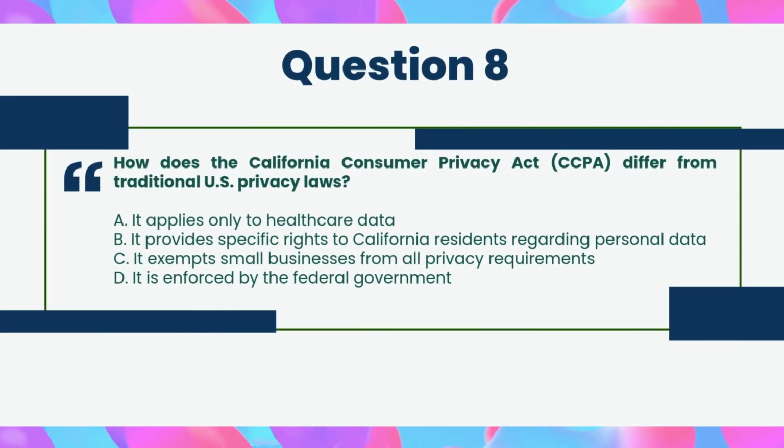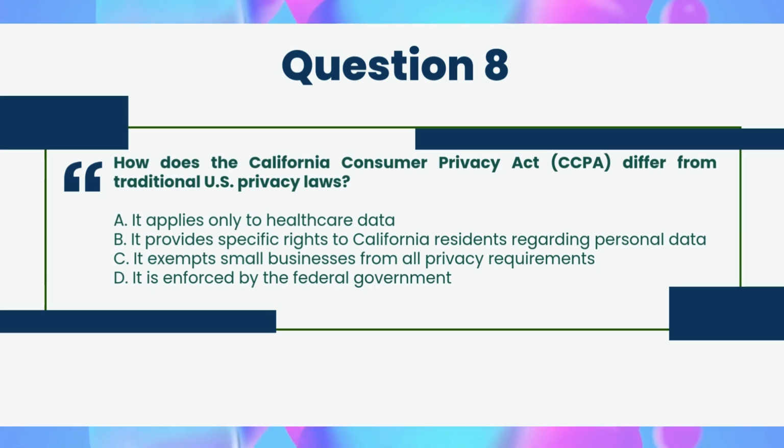Question 8. How does the California Consumer Privacy Act, CCPA, differ from traditional U.S. privacy laws? A. It applies only to healthcare data. B. It provides specific rights to California residents regarding personal data. C. It exempts small businesses from all privacy requirements. D. It is enforced by the federal government.